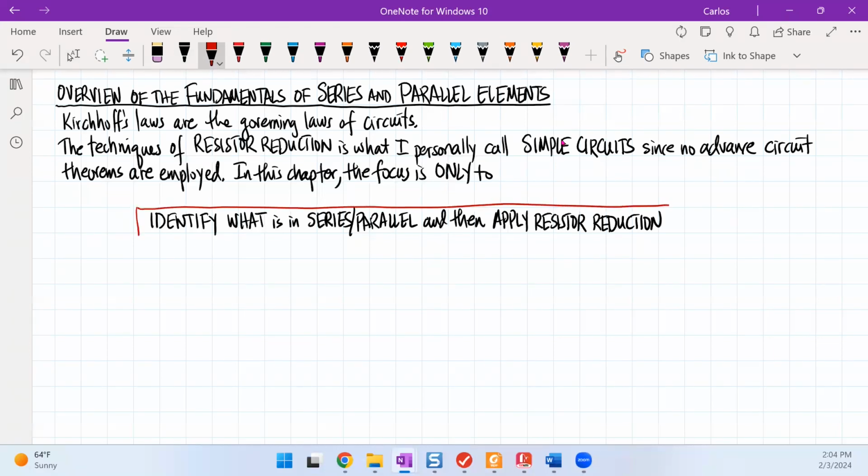Now note, even though I say resistor reduction, reduction techniques also simplify sources.